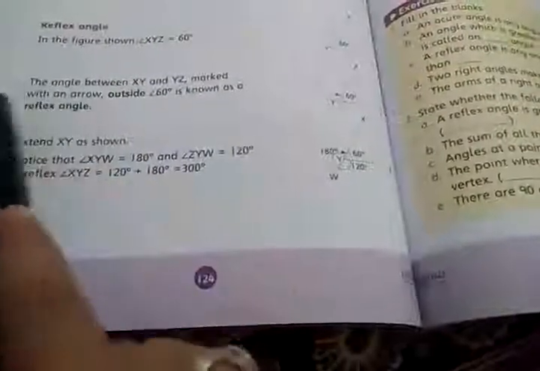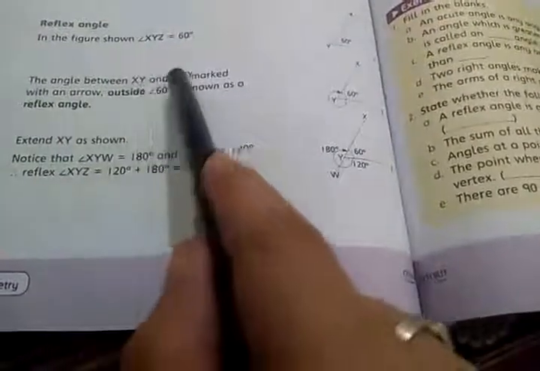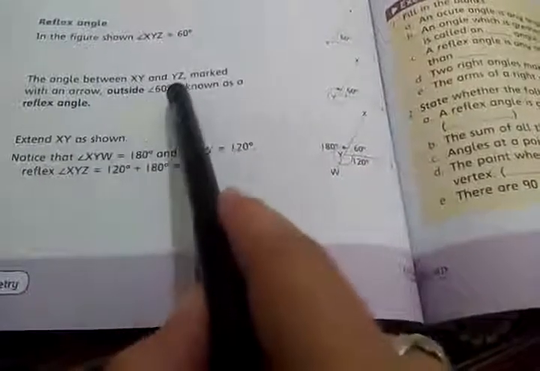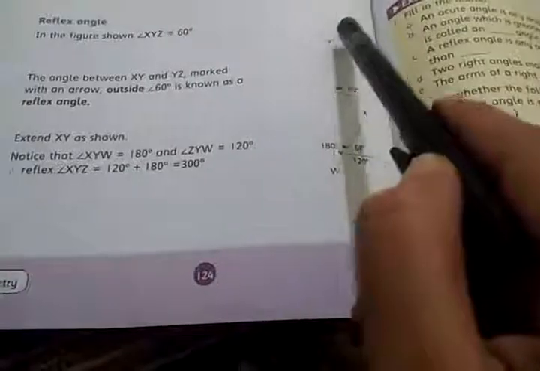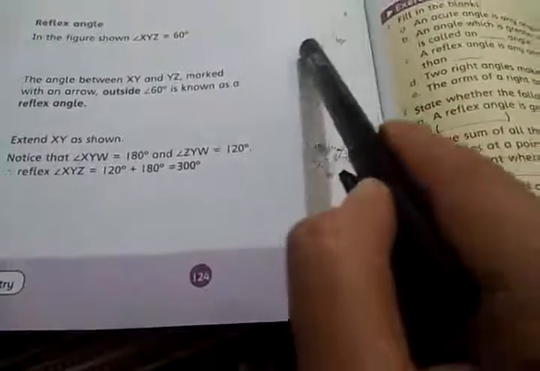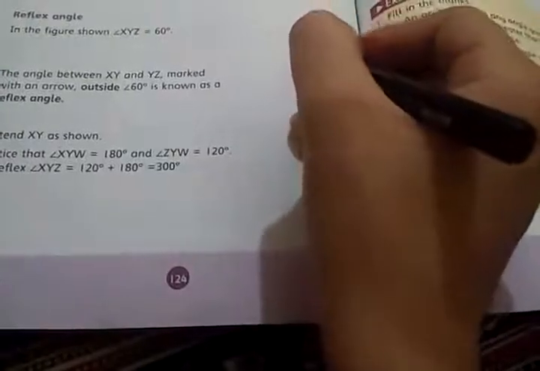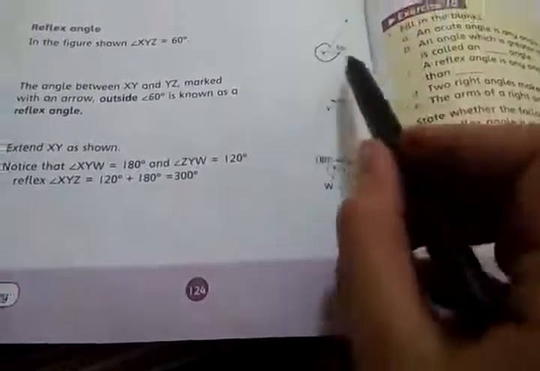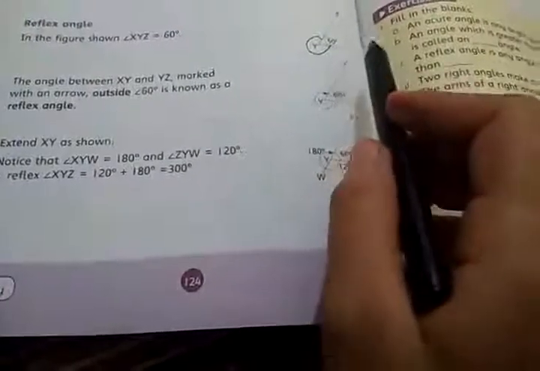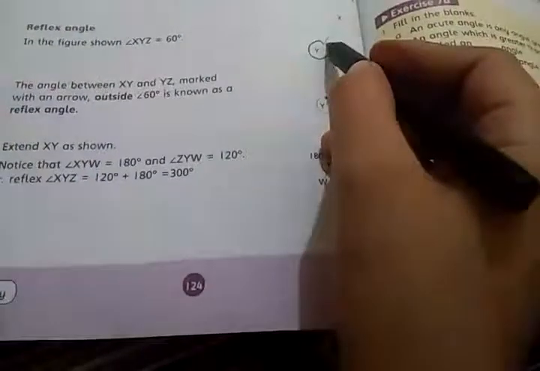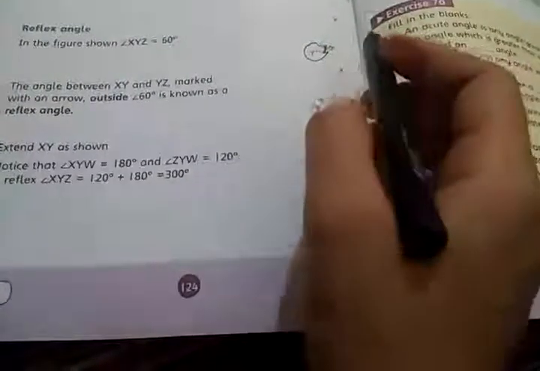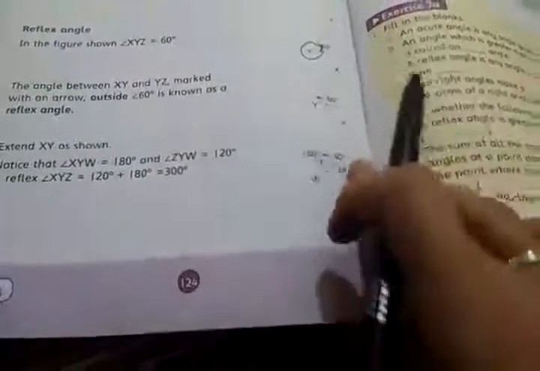We have to read this line. The angle between XY and YZ marked with the arrow outside 60 degrees. If we mark here outside the 60 degrees like this, now this angle is changed into a reflex angle.